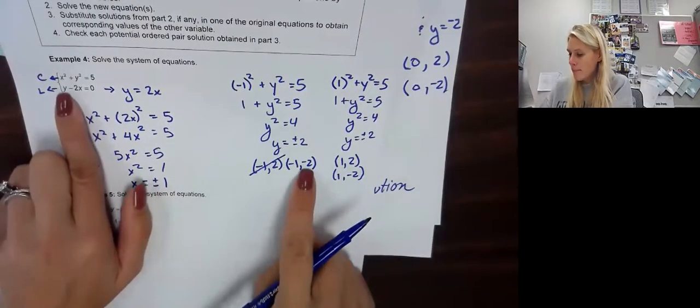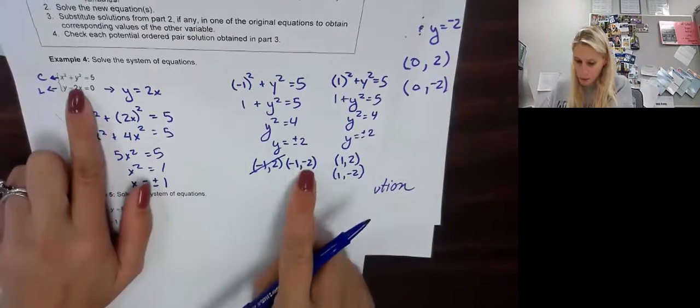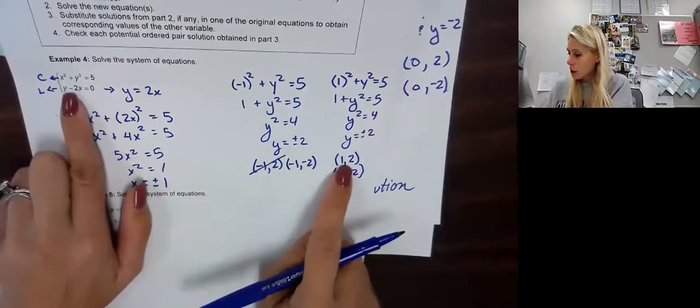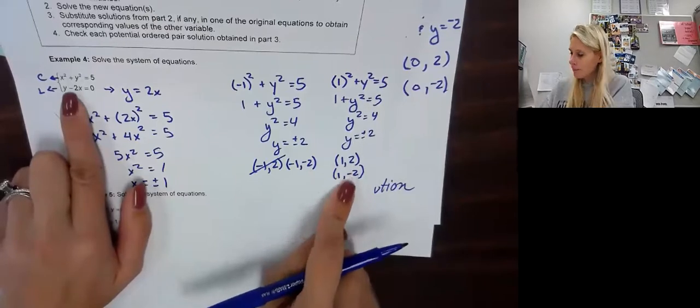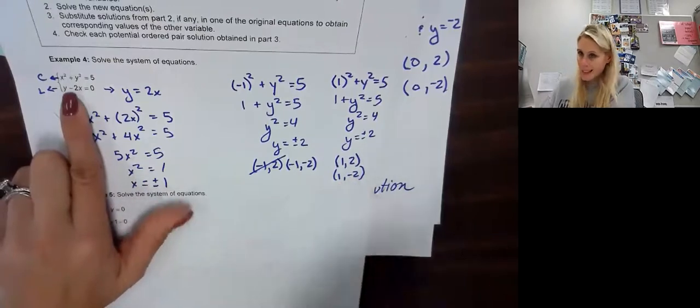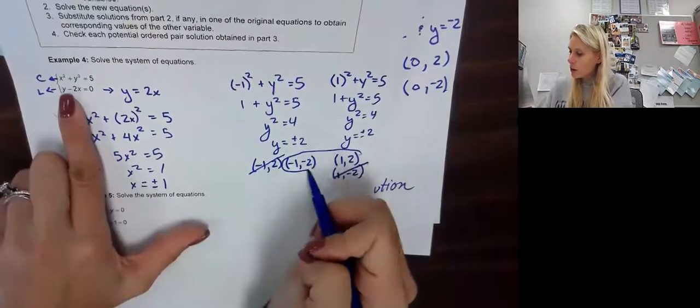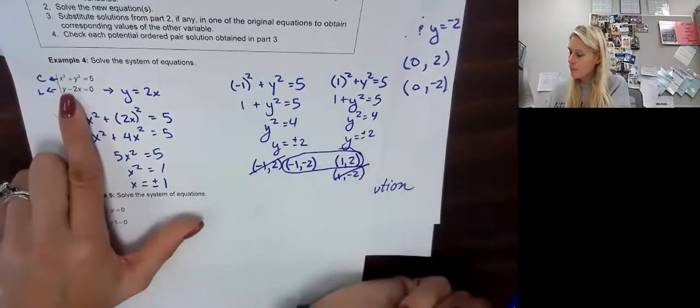Negative 2 plus 2 is 0. So we're good here. 2 minus 2 is 0. We're good there. Negative 2 minus 2, that doesn't work. So our two answers, or two points, are these two.